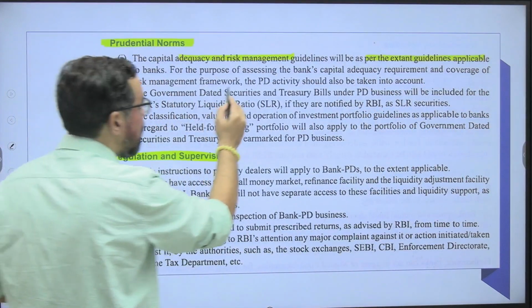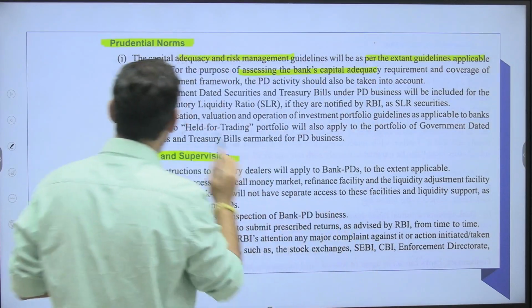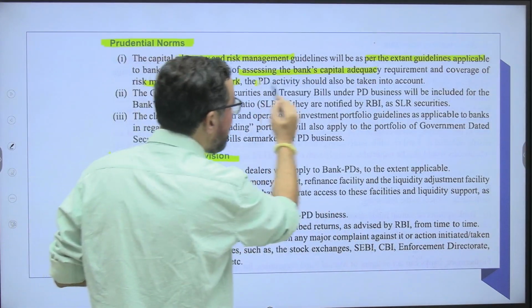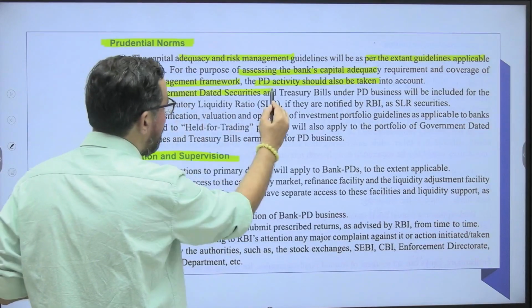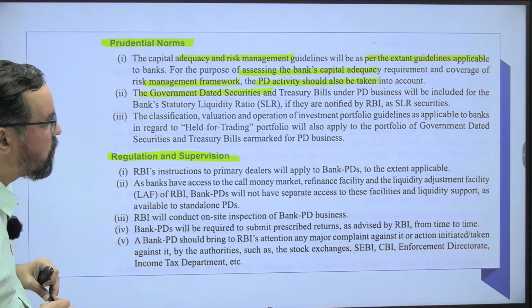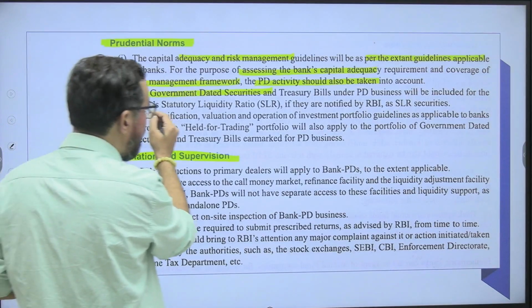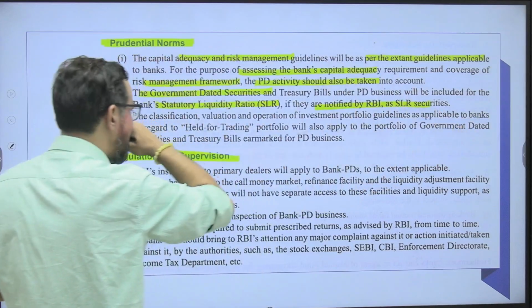For the purpose of assessing the bank's capital adequacy requirement and coverage of risk management framework, PD activities should also be taken into account. Government dated securities and treasury bills held for PD business will be included for bank SLR if they are notified by RBI as SLR securities.